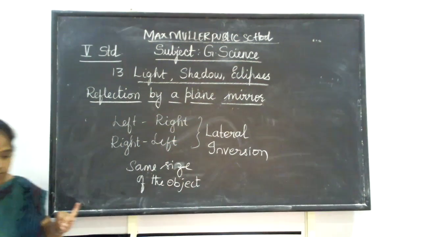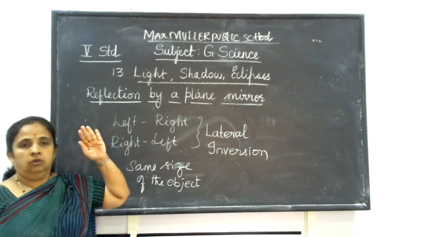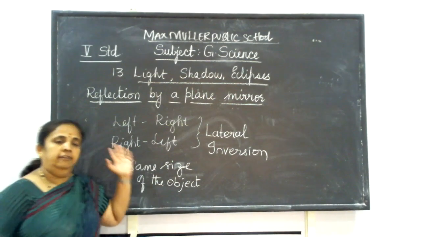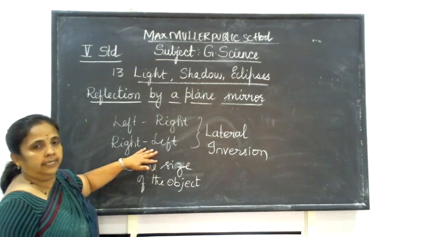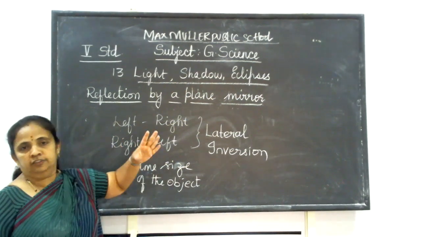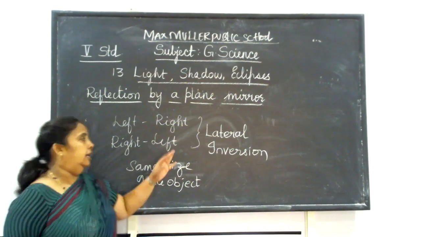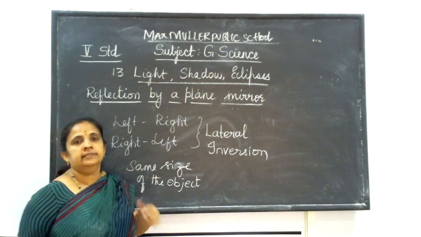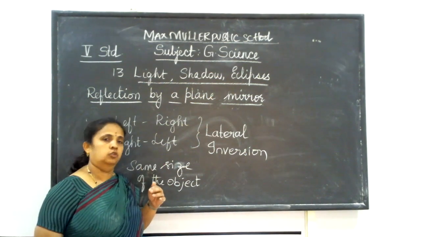Okay. So these are the three characteristics of the mirror. The first one: when we move forward, the image also moves forward. When we move backward, the image also moves backward. The second characteristic is when we lift the left hand in the mirror, it is seen as right, and when we lift the right, it is seen as the left hand, because the image will always be formed in the opposite direction of the source of light.